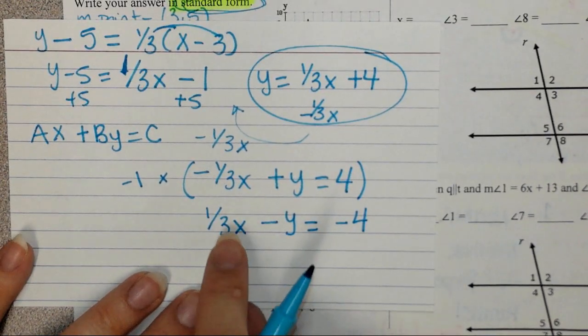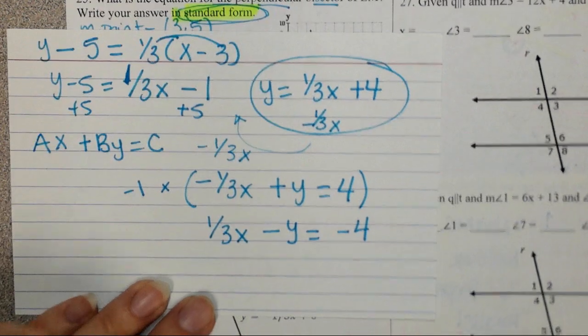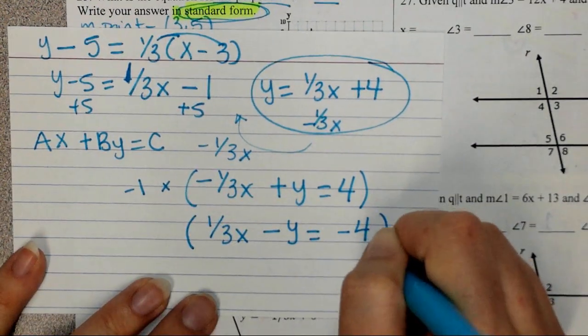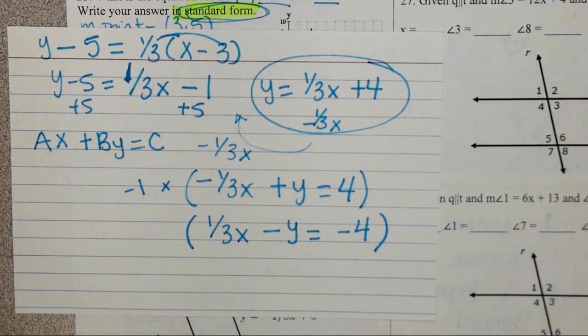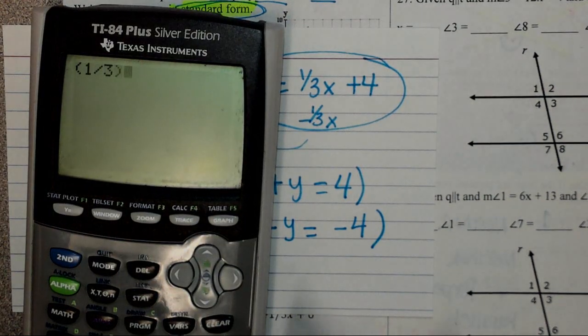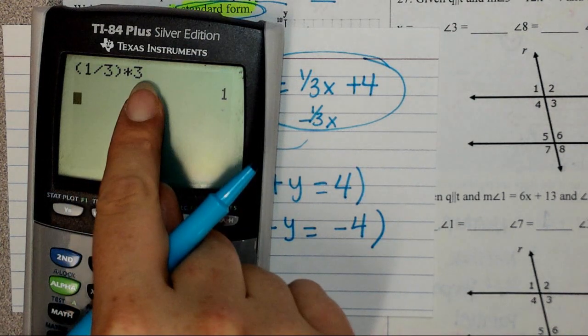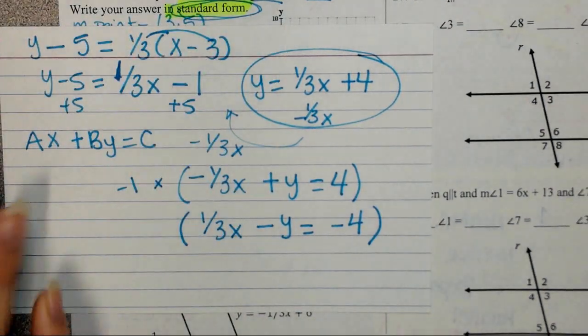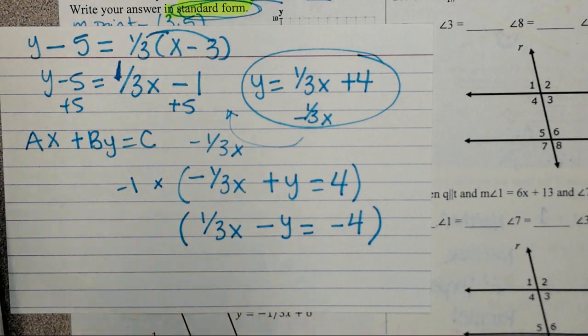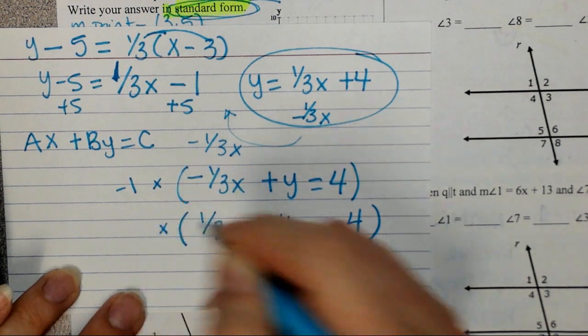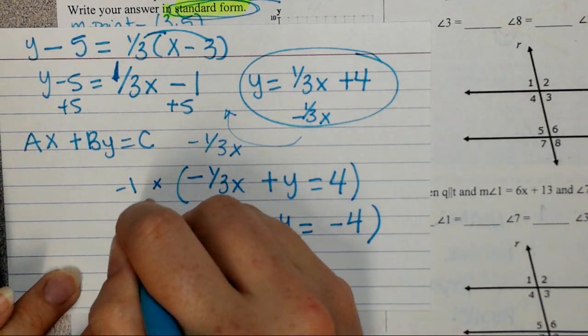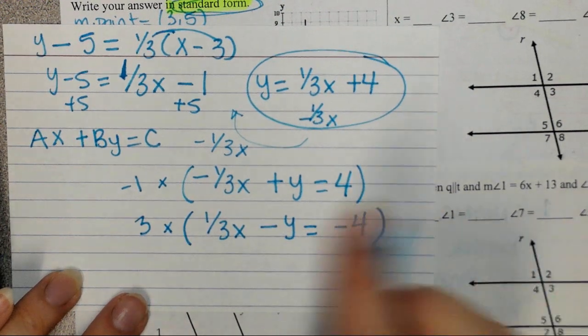All right, I can deal with the fraction by multiplying by whatever's in the denominator. If you multiply 1/3 times 3, it's equal to 1. The 3's cancel. Now because it's an equation, you can't just multiply one thing by 3. You have to multiply the entire equation.